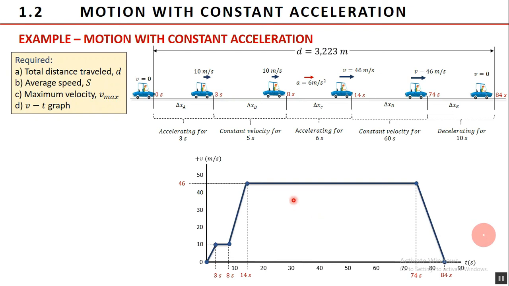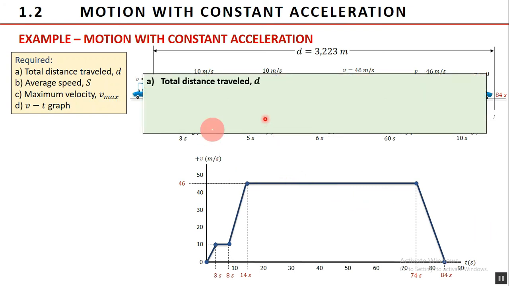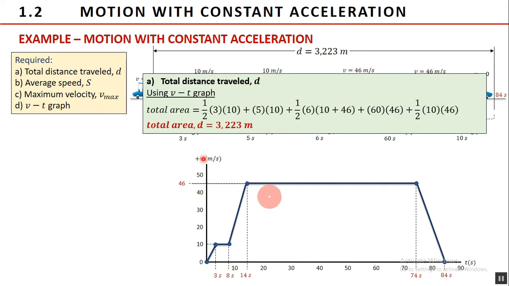Now using the velocity time graph, we can determine the displacement or total distance traveled by the car. The area under the graph represents the displacement, or total distance, traveled by the car. We see that each displacement has a shape, either a triangle, rectangle or trapezoid, and applying the formula of geometric area of these shapes will give a total area of 3,223 meters. This triangle area is actually the delta x sub a, which is 1/2 times 3 times 10. This rectangle area is delta x sub b, that is 5 times 10 from this expression.